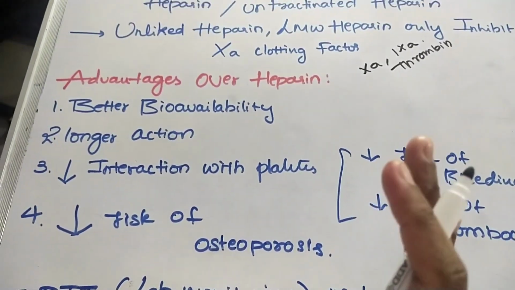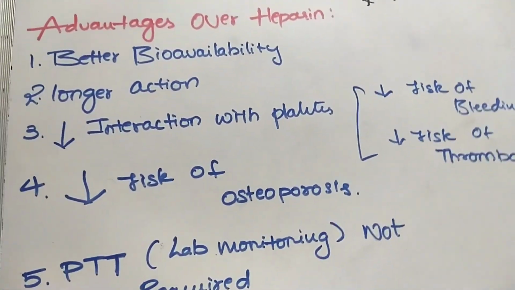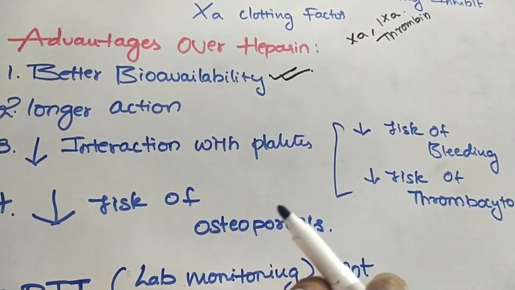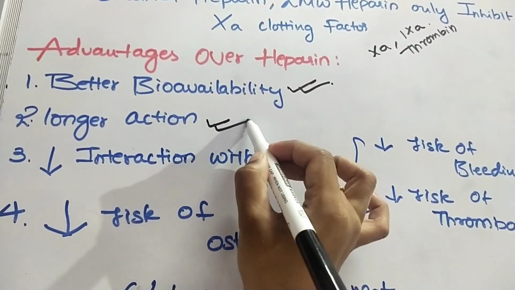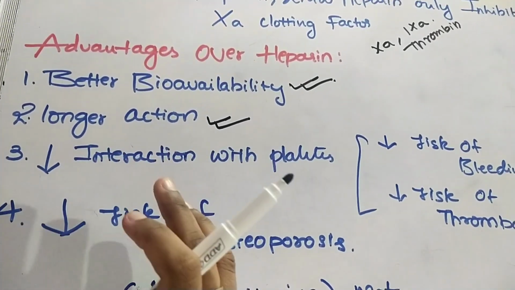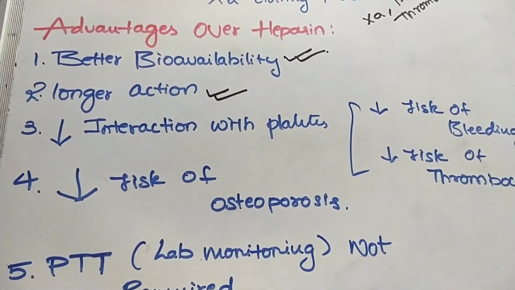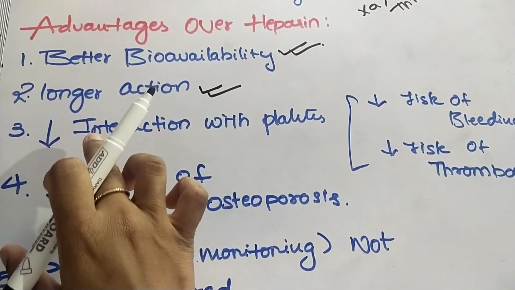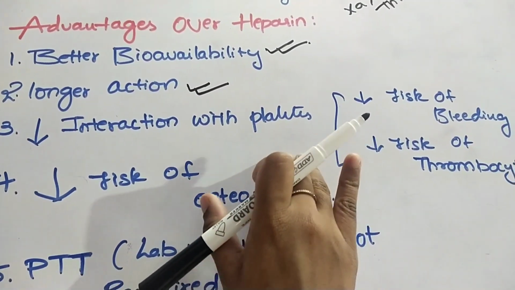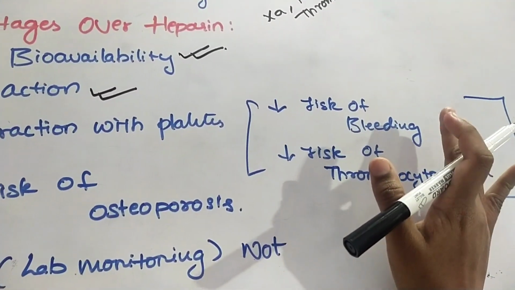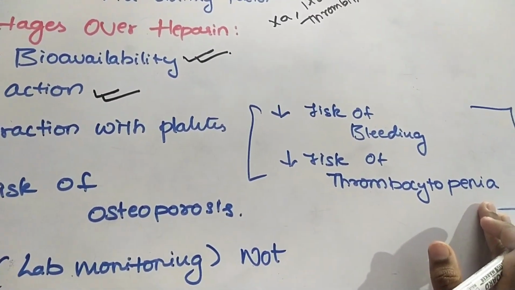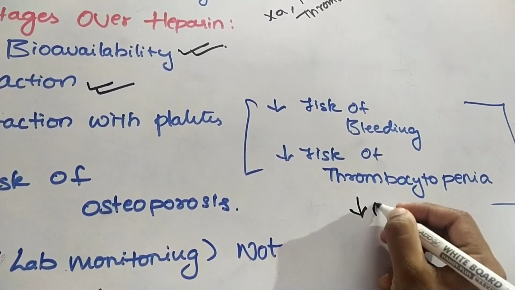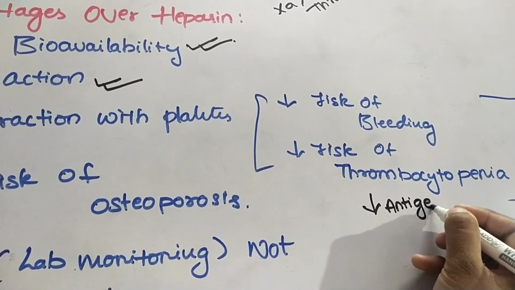What are the advantages of low molecular weight heparin over heparin? It has better bioavailability compared to heparin. It has a longer action, and the main advantage is that it has less interaction with platelets, which results in less risk of bleeding and less risk of thrombocytopenia. It also has less antigenic property.